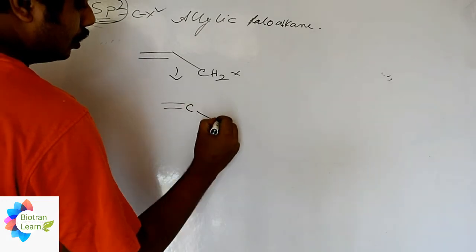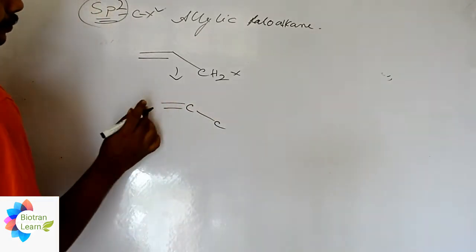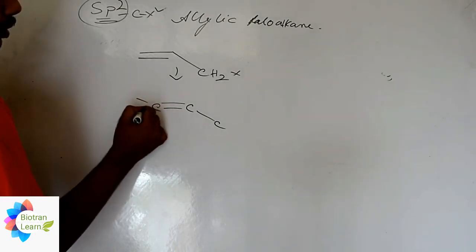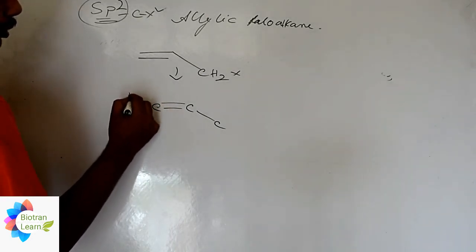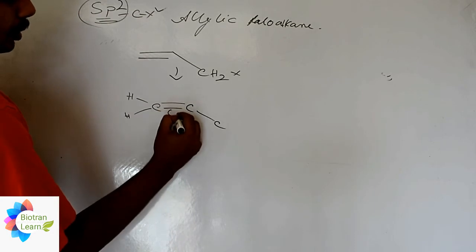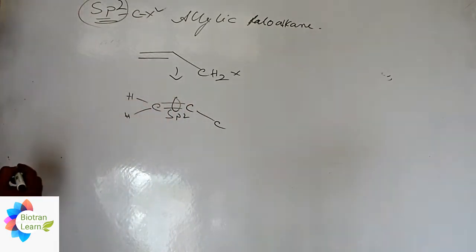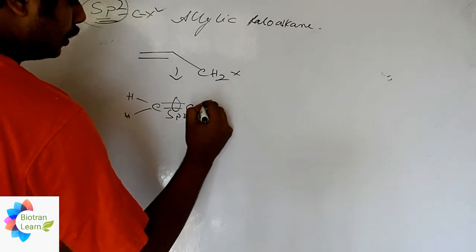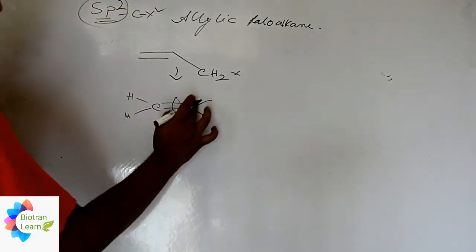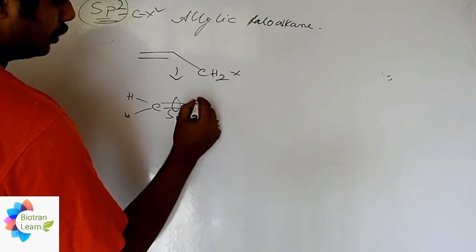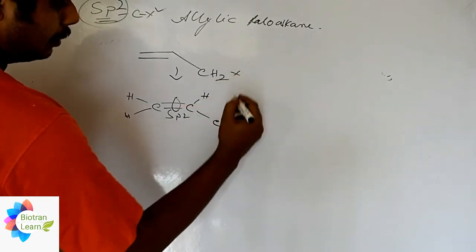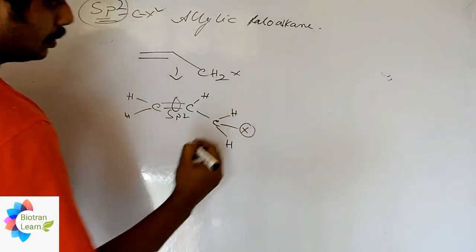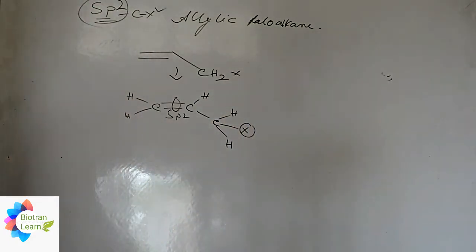It will show a structure like this one, right? It has a double bond in here, hence it could play a role. So this will be the sp2 one, right? And then in here we are having another carbon, and what would happen next, we will get a halogen in this section.